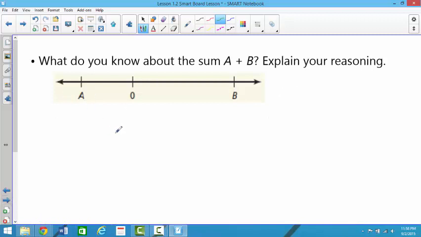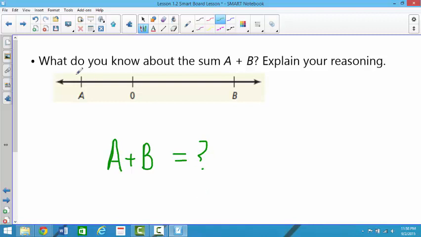Looking at this problem, what do we know about the sum of A plus B? If this is A and this is B and 0 is right here, if we're going to add A plus B, and we don't know what their value is, but what do we know about our answer? What can you tell me about that answer?